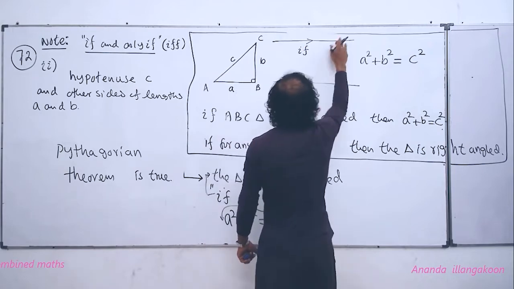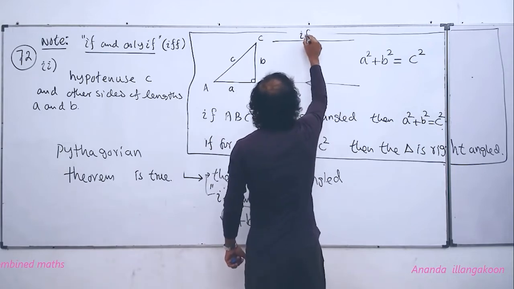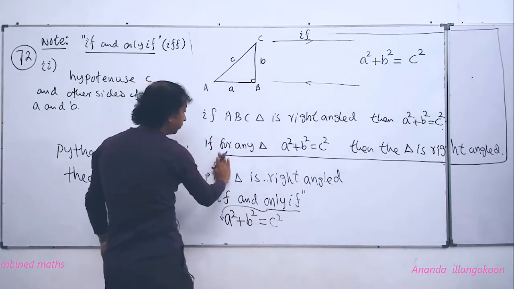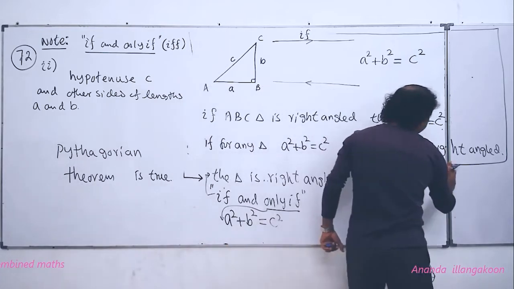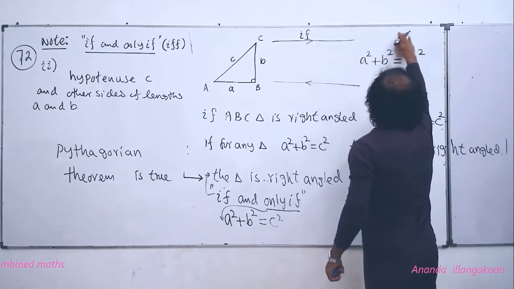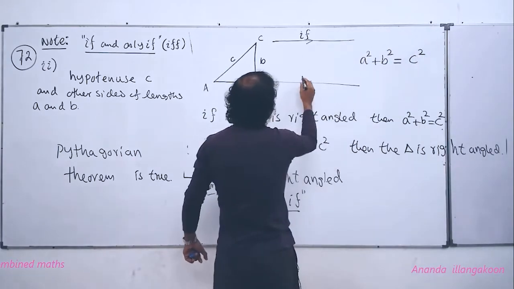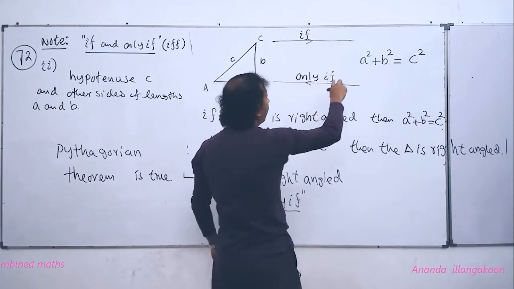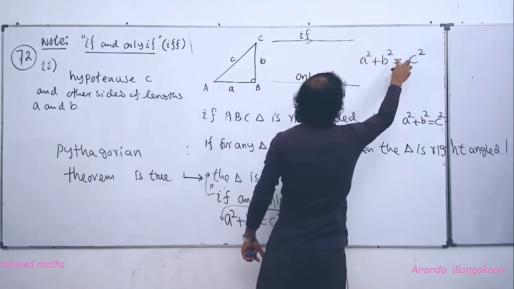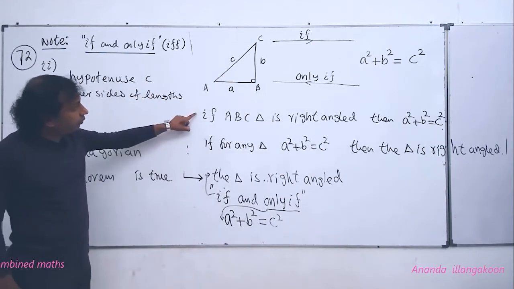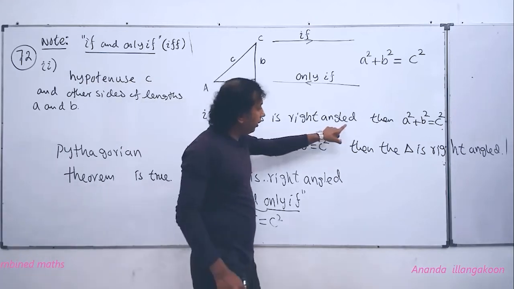This is the if part. And this is called the only if: only if A squared plus B squared equals C squared, the triangle is right angled. The if part is: if triangle ABC is right angled, then this.